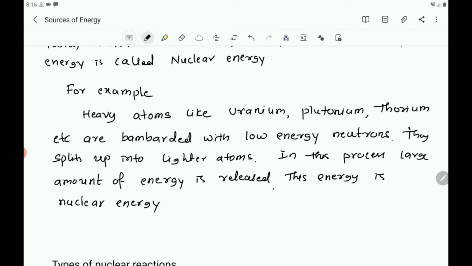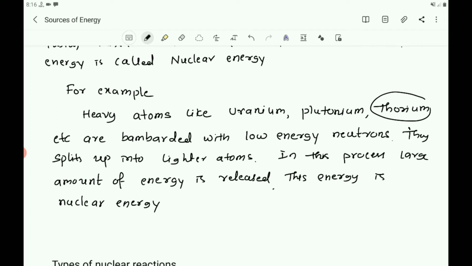Here, uranium is a heavier nucleus, plutonium is also a heavier nucleus, and thorium is also a heavier nucleus. Means uranium is a heavier atom, plutonium is also a heavier atom, and thorium is also a heavier atom. When they are bombarded with low energy neutrons, they split up into lighter atoms.